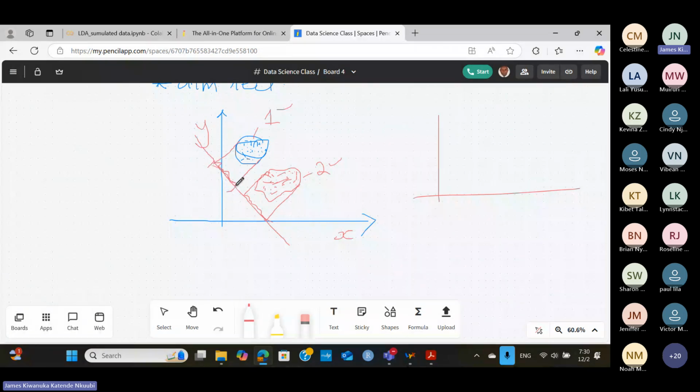This gives you a separation between these 2 clusters. If you get any new points and project them and one lands within this region, you can classify it as being in group 2, or if it lands in the other region, you can classify it as being in group 1.